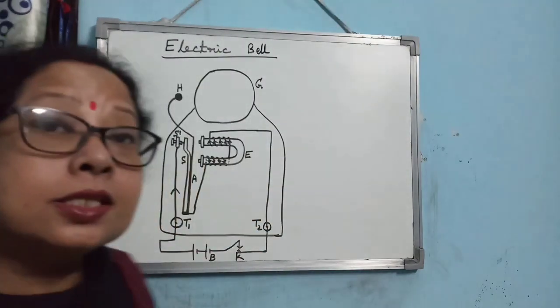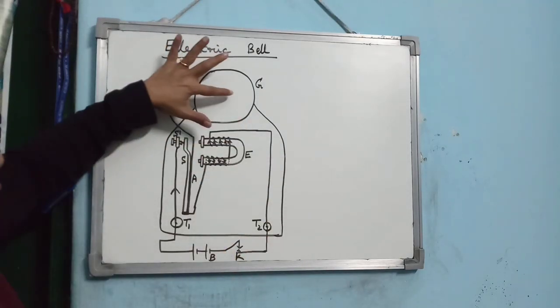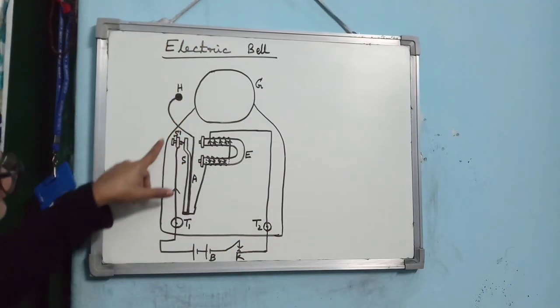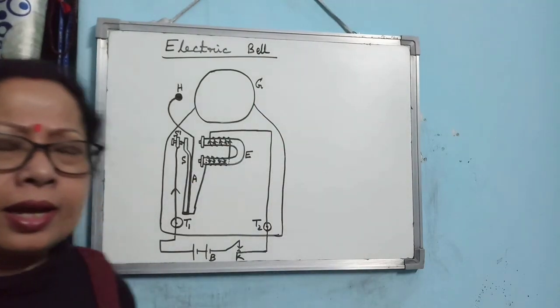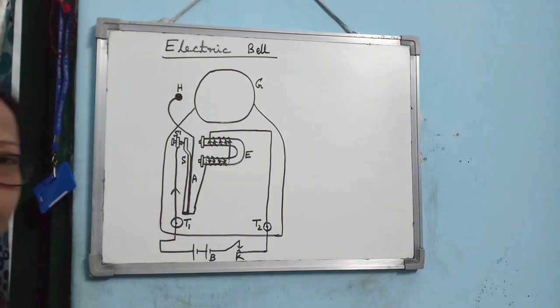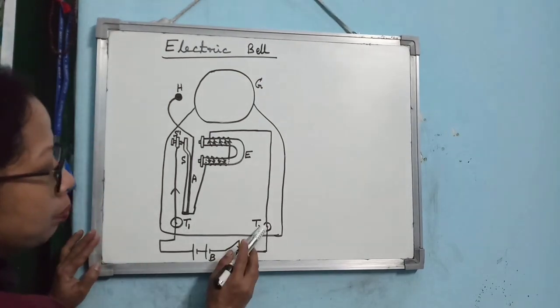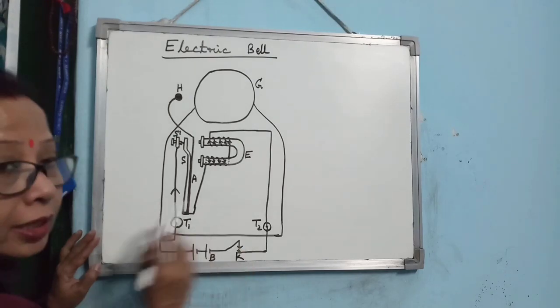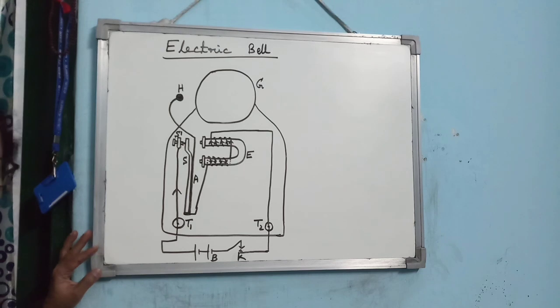So what is the construction of the electric bell? In the electric bell, you see there is a gong and there is a chamber. This chamber is made of fiber or any other non-conducting, insulating material. Then here you see there are 2 binding screws, T1 and T2. Alright, and within this chamber, what is there?